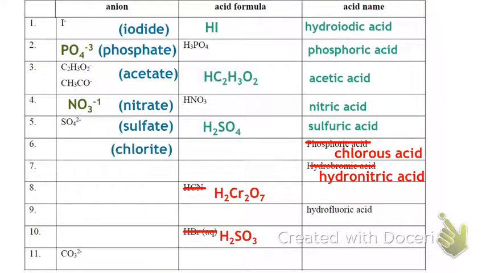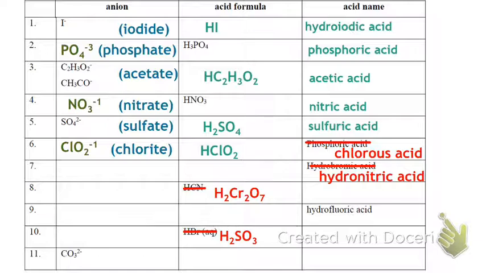So I'm going to be looking on my polyatomic sheet for chlorite. And looking, found it. That's ClO2 with a -1 charge. Now I'm trying to balance that out with the H that's going to start off all of my acids, and once again that charge is -1, so I only need 1 H there.